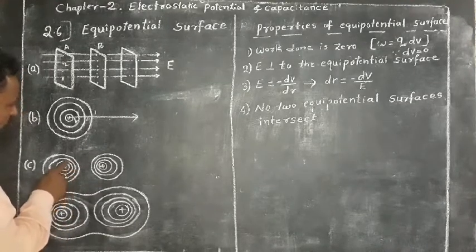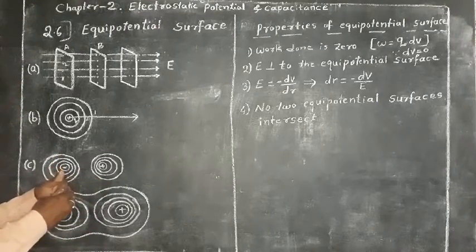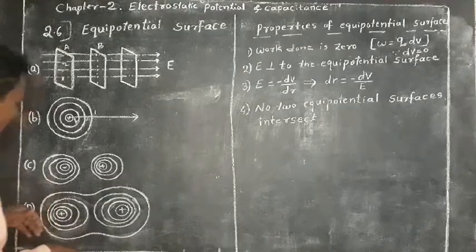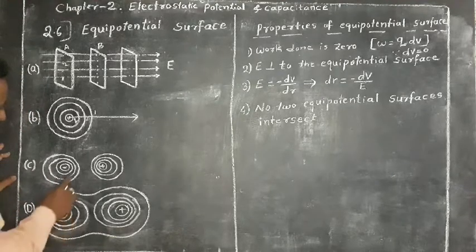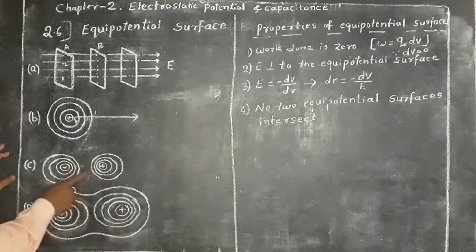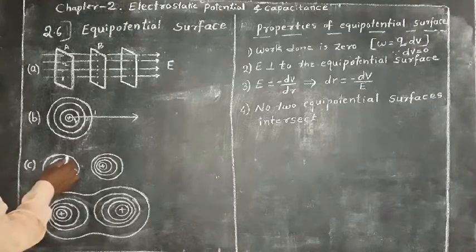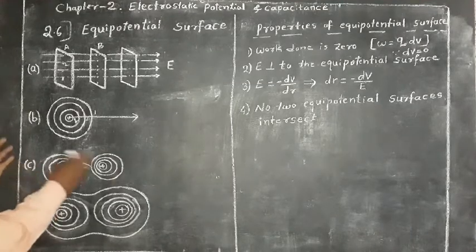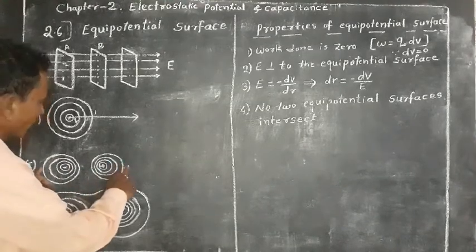the equipotential surfaces becomes closer in the region of strong electric field, and spacing between different equipotential surfaces is well spaced in the region of weak electric field.